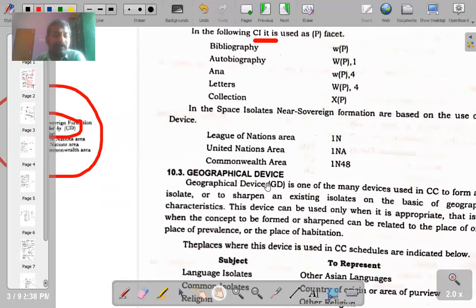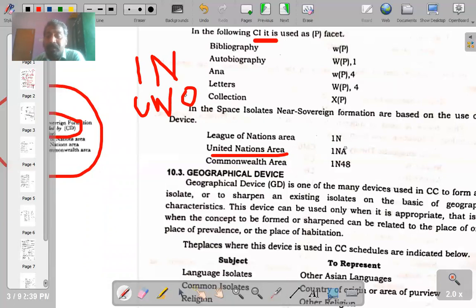So you might have heard about the League of Nations, the international organization which was formed before the United Nations. It was formed in the 1900s. So the number is, see, 1 stands for world and N stands for 1900s. That means an organization which was established in the 1900s. Then UNO, very popular, United Nations Organization. It was formed in, I'm sorry, this is not A, this is 4.